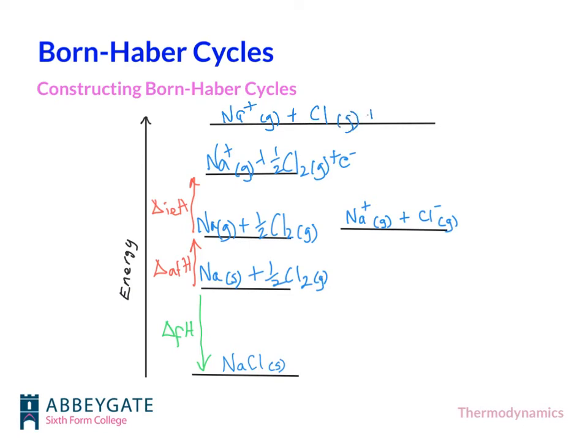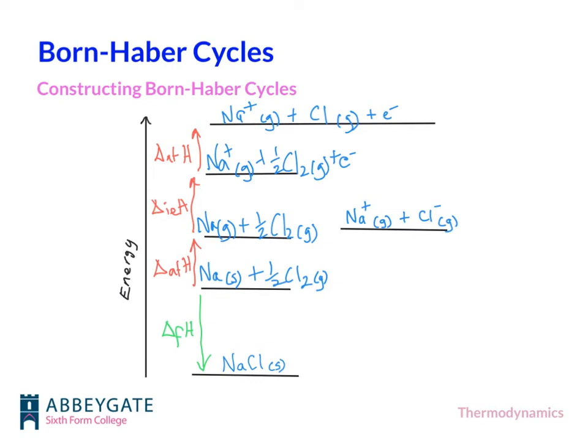And we've still got our little electron hanging around from when the sodium lost it. This is our atomization of the chlorine. Ideally, I would be writing Cl or Na next to these little symbols to say what they're for, but I'm kind of out of space.